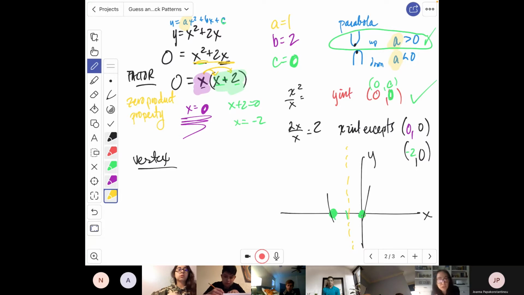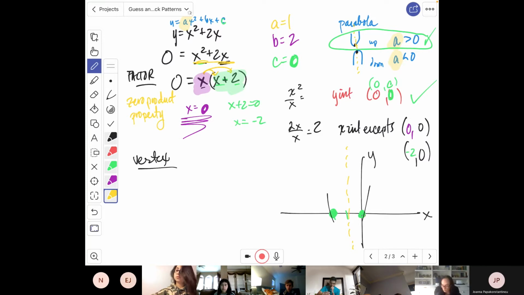And I know my vertex has to fall on that axis of symmetry. So I could be clever and just use that information to find that vertex, or I could use a formula.